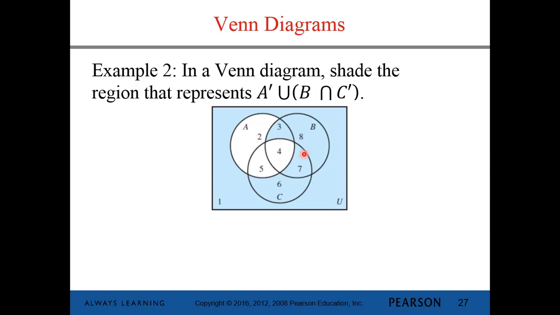Well, that gives us everything outside of A and then this little piece right here, because this is already counted. And of course everything else is outside of A.